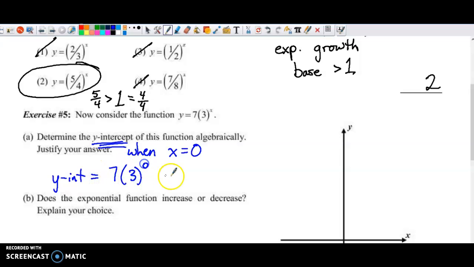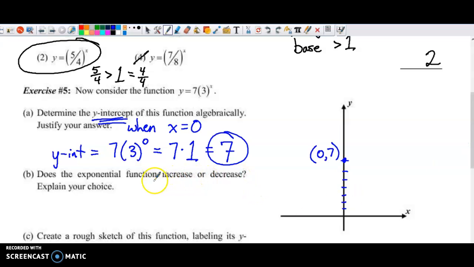And think about how we do the order of operations, that you do 3 to the 0 power first, which hopefully you remember something to the 0 power is equal to 1. So the y-intercept on this problem is going to be 7. Now if you wanted to, you could put tick marks in here, 1, 2, 3, 4, 5, 6, 7. Otherwise, I'm fine if you just wanted to put in a dot in there and then say (0, 7), or the y-intercept equals 7. But I'd like to see that on the graph.